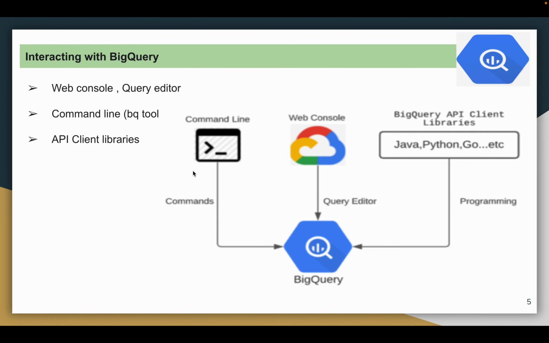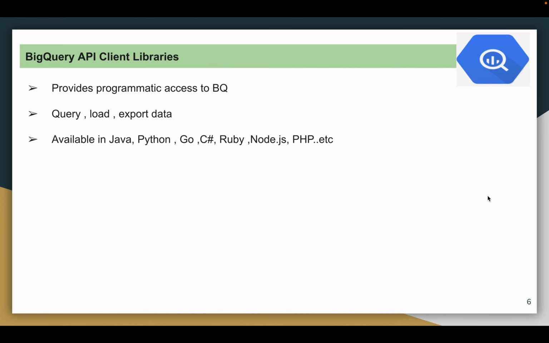This API is available in different programming languages, like Java, Python, Go, etc. So these are the three ways you can interact with BigQuery: web console, command line, and API client libraries, which is programmatic access. I hope you understand this concept. Let's move on to the next slide.